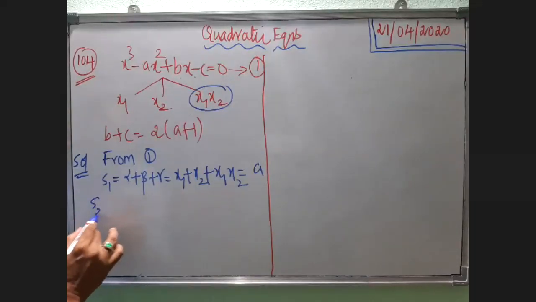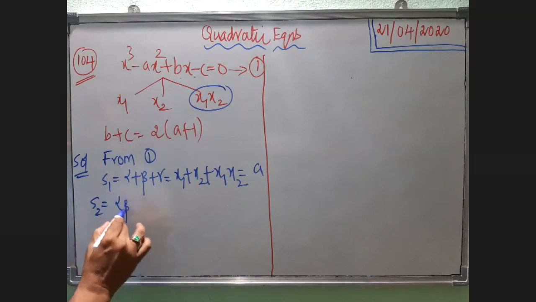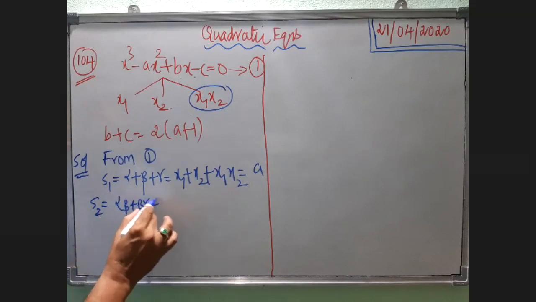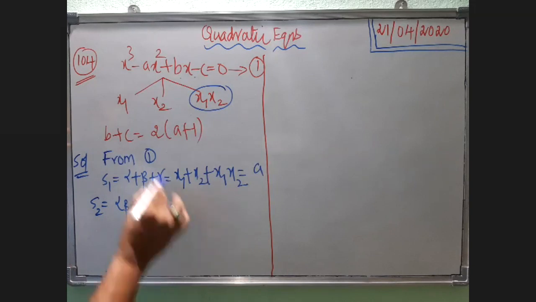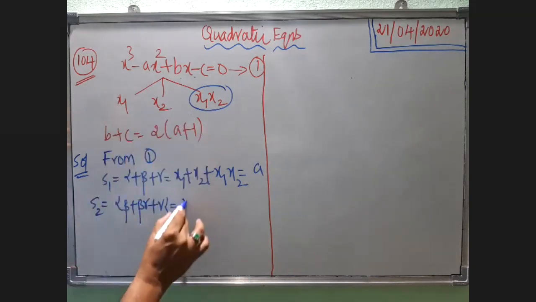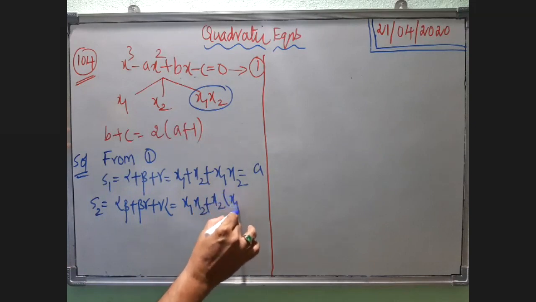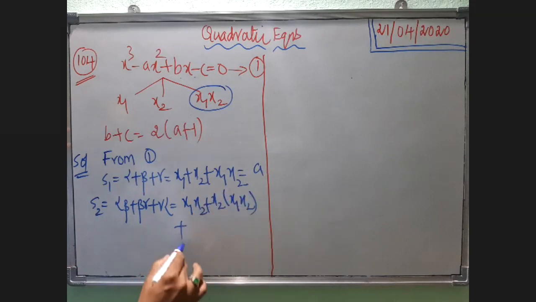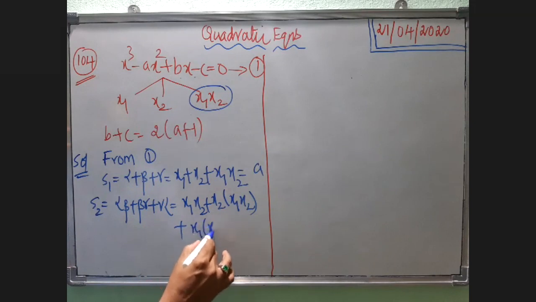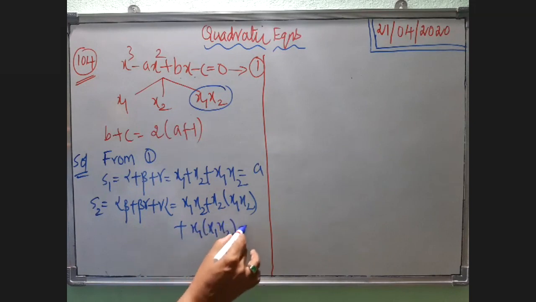Similarly, S2 is given as alpha beta plus beta gamma plus gamma alpha. So this is x1 x2 plus x2 into x1 x2 plus x1 into x1 x2. This is given as b.